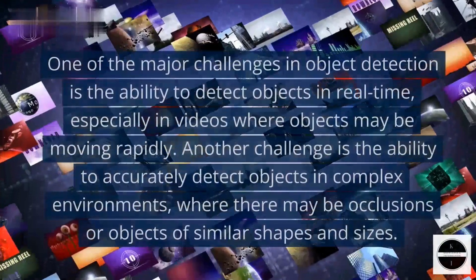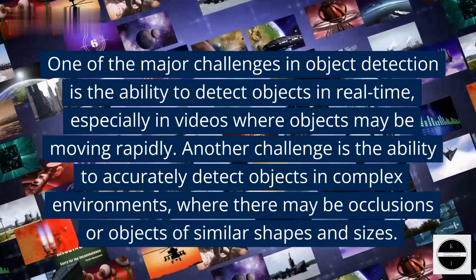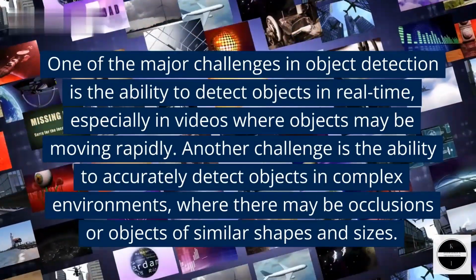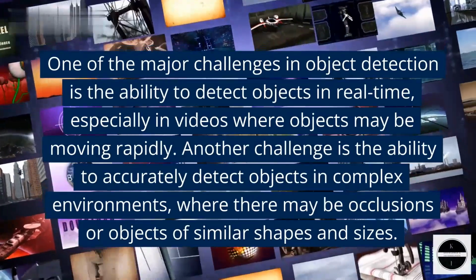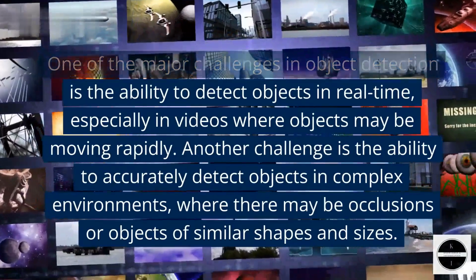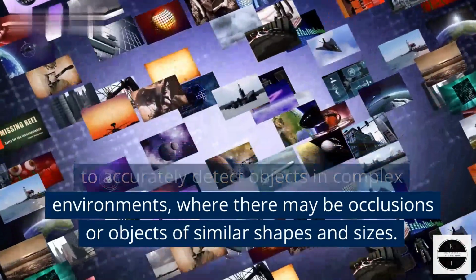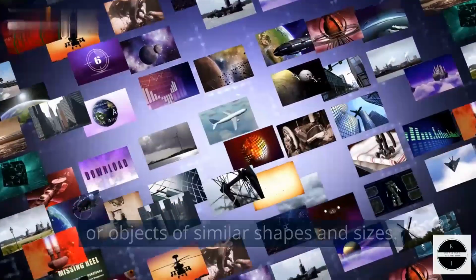manufacturing line. One of the major challenges in object detection is the ability to detect objects in real time, especially in videos where objects may be moving rapidly. Another challenge is the ability to accurately detect objects in complex environments, where there may be occlusions or objects of similar shapes and sizes.